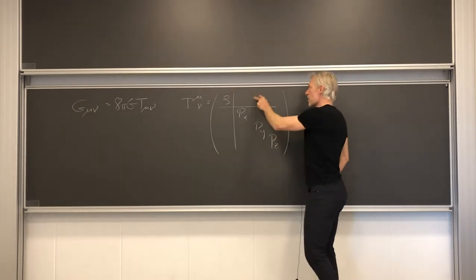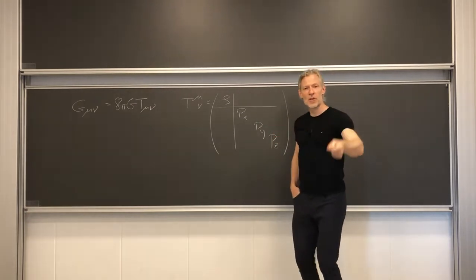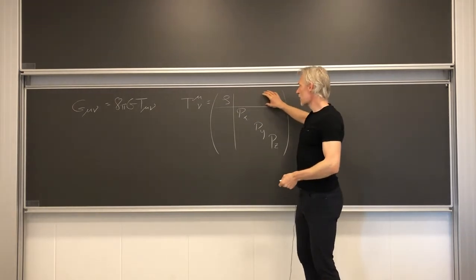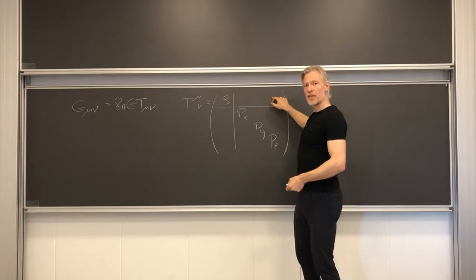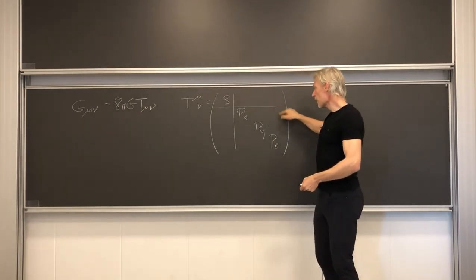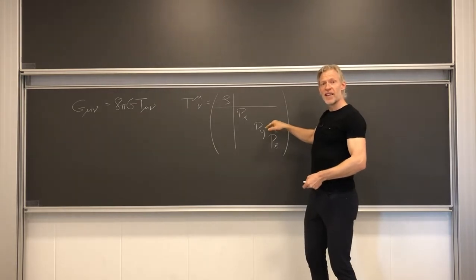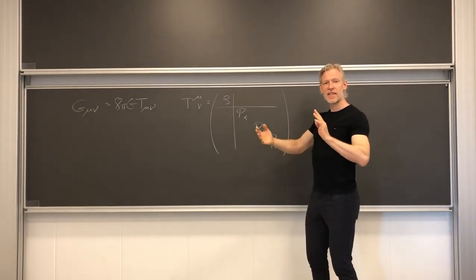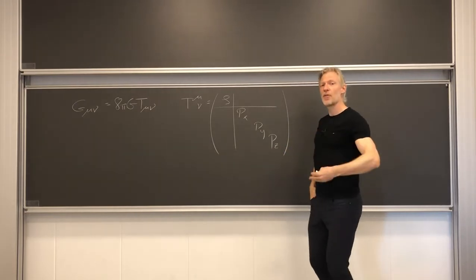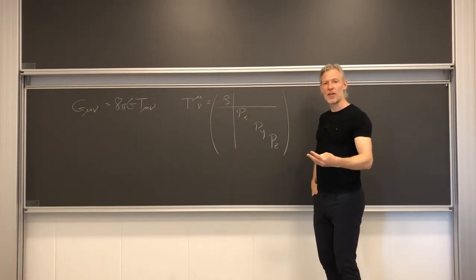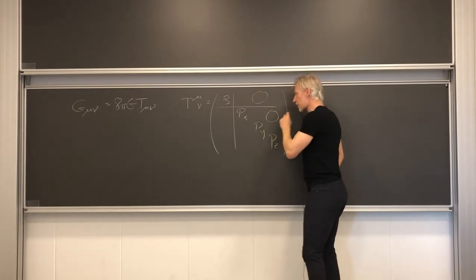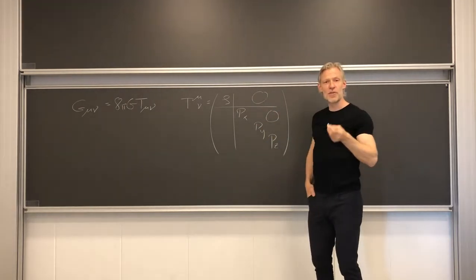And all the other terms correspond to flows of various quantities. For example, up here you will have energy flow along the x, y, and z direction, and down here you will have momentum flow in various directions. And since we have a universe that's homogeneous and isotropic, you must always have zero net flow of all these quantities. And that means that we can explicitly put all the off-diagonal terms to zero.